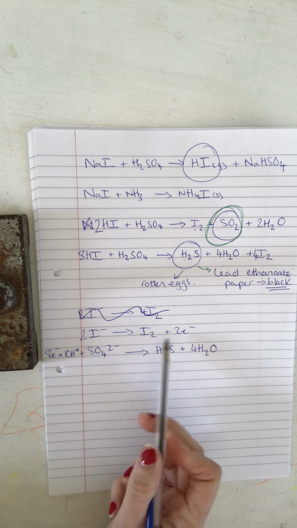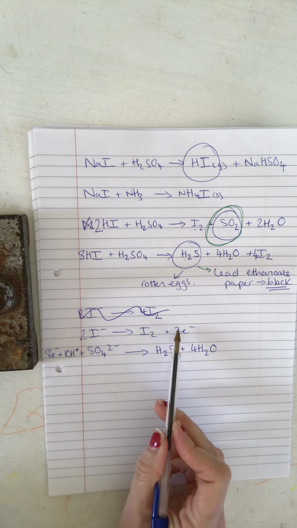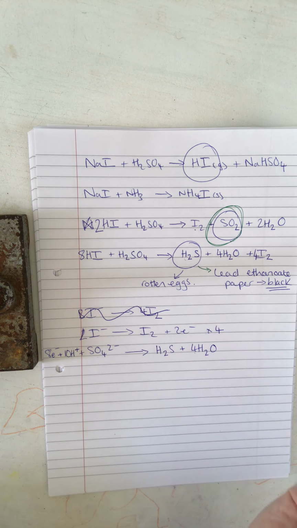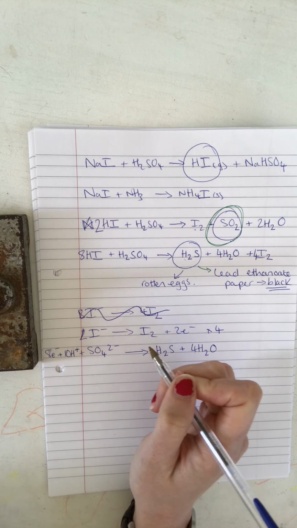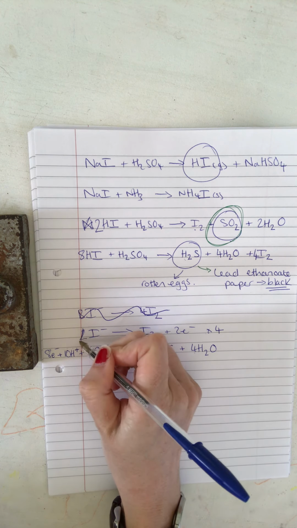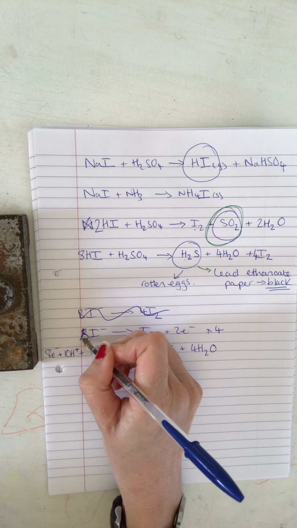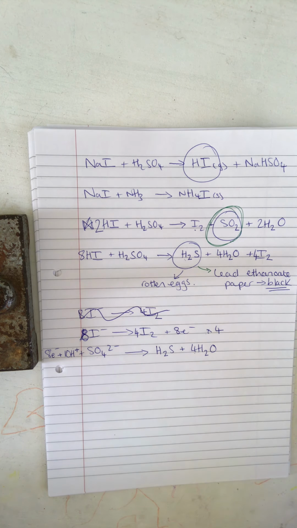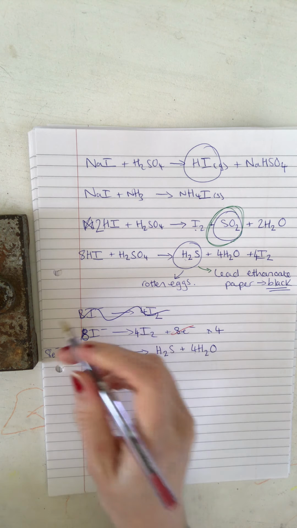Now we can see that obviously this isn't balanced when we come to combine them, so we're going to need to multiply that by 4. We need to multiply that by 4, and there's already 2, so that gives us our 8 there, and our 4 there, and our 8 there, which means we can now cancel those.